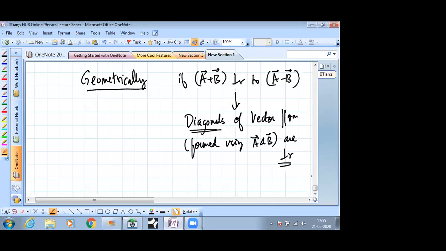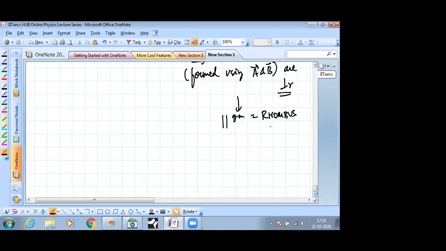So that means that the vector parallelogram by definition is actually a rhombus. Okay. And it has equal sides.